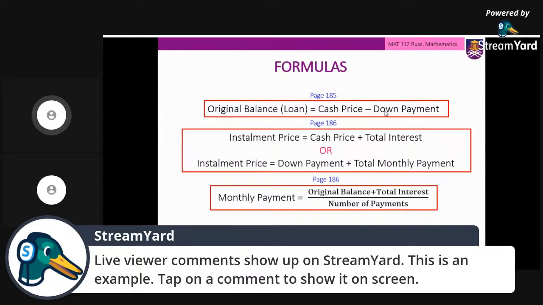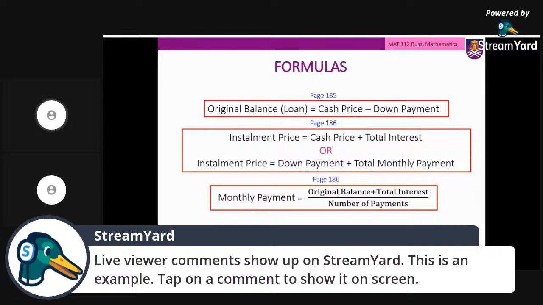So kalau tak ada down payment, we put as zero saja. Then installment price, we have the formula cash price plus total interest, or installment price equals down payment plus total monthly payment.